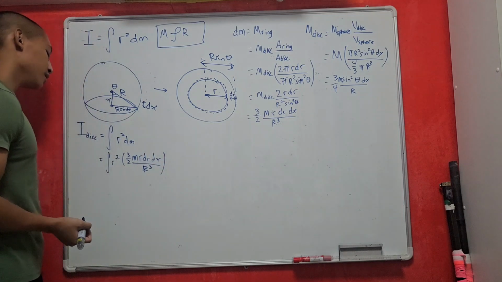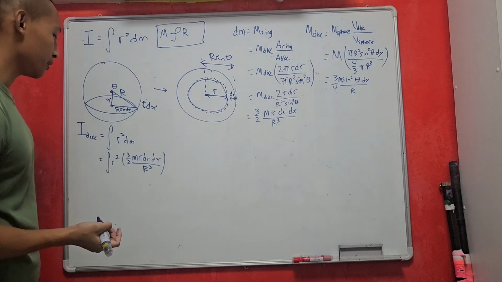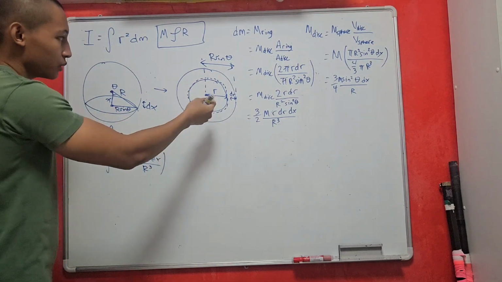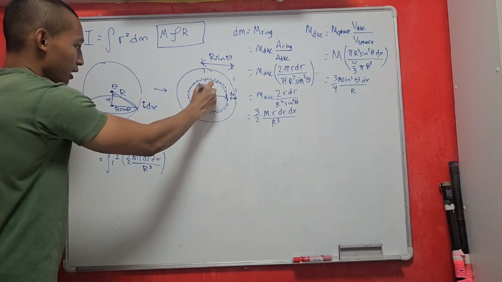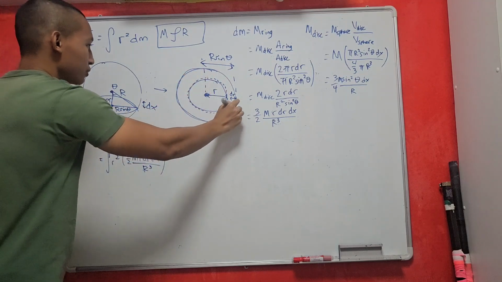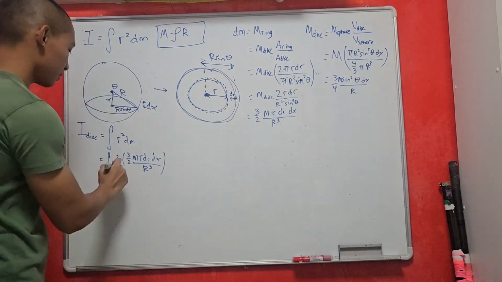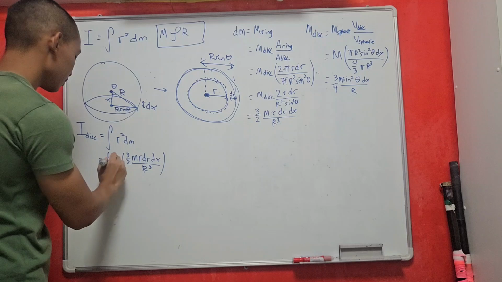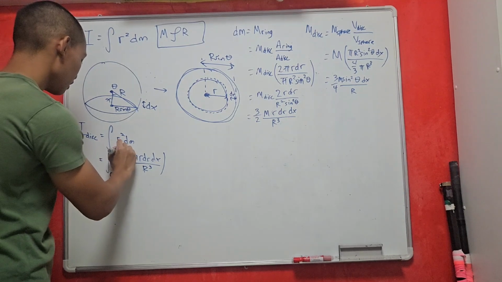Now, the question is, what are we going to integrate? We're trying to find the moment of inertia of one disk. So what we're actually trying to do is, from the ring at radius equals 0 to the ring at radius equals r sine theta. So it's actually just with respect to dr. So 0 to r sine theta.